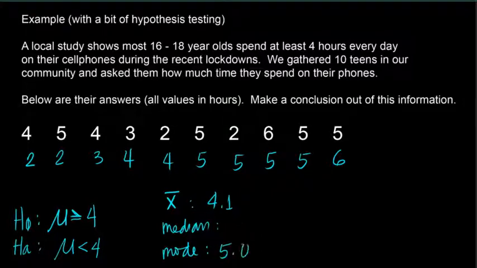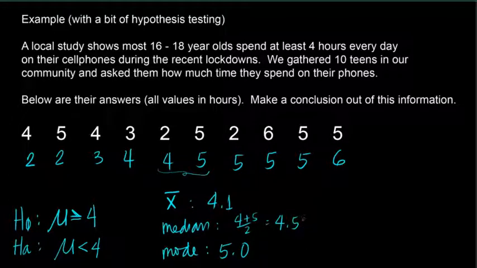Finally, the median is these two right here: 4 plus 5 divided by 2, which gives us 4.5. It's only because our data set has an even number of values, 10, so we have two middle values and we divide by 2. If it were 9 values, we would have only one median.